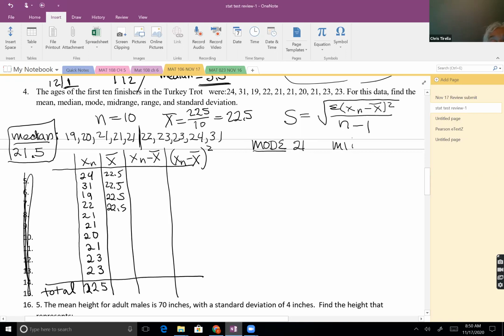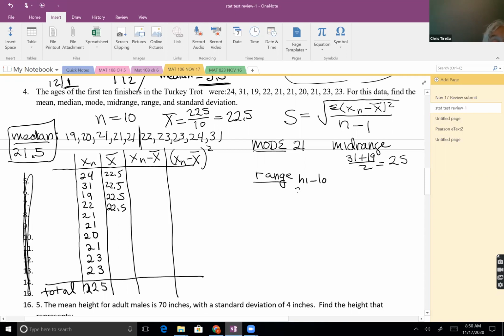Mid-range, if I take the highest plus the lowest and divide by 2, that gives me 25. And then the range isn't a measure of the center, but of the variation. It's the difference between the highest and the lowest.